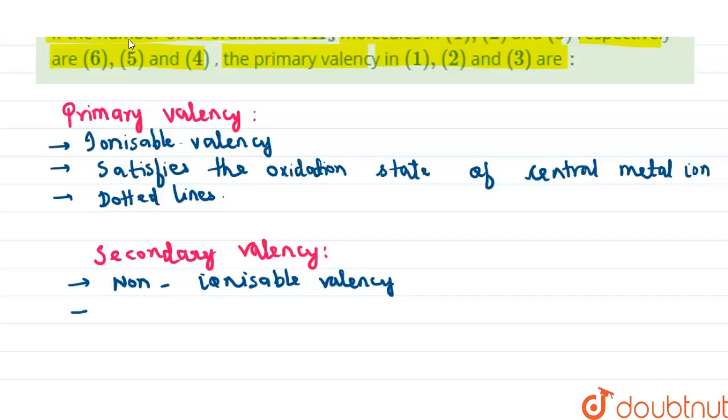They basically represent the coordination number. They satisfy the coordination number of the central metal atom.